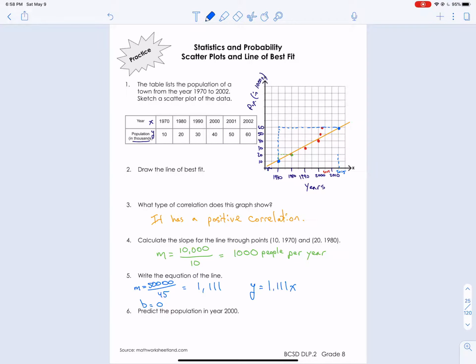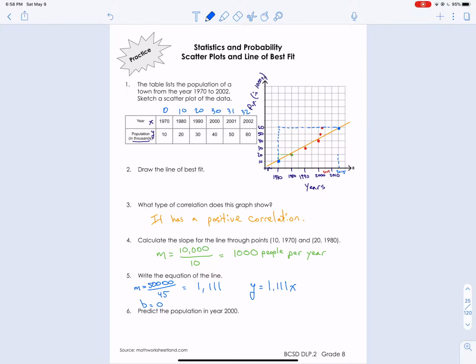What we could do is, instead of putting the actual years, we could just say that this is 1, and then every 10 years would be, well, from 1970, so let's make that 0. Then this would be 10, 20, 30, 31, 32.